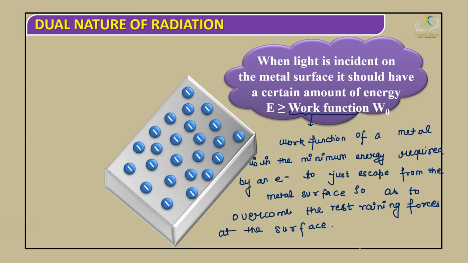It is generally represented as phi naught, or sometimes as W naught, and is measured in electron volts.